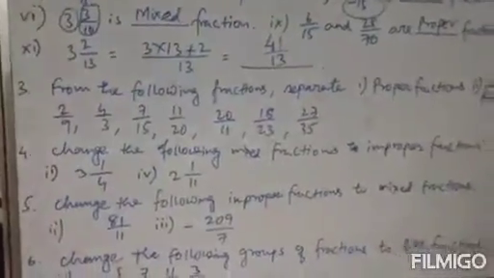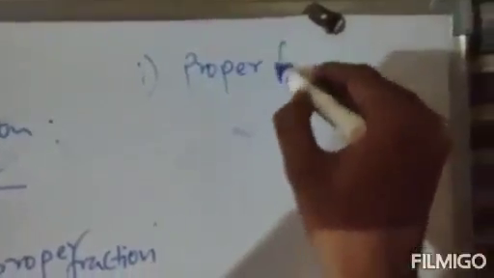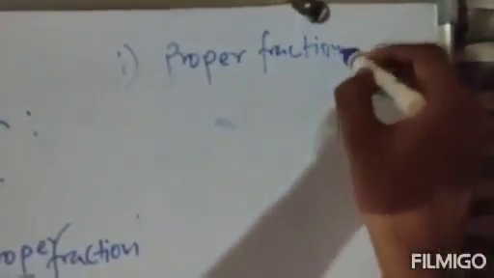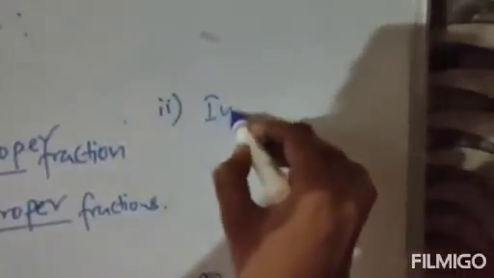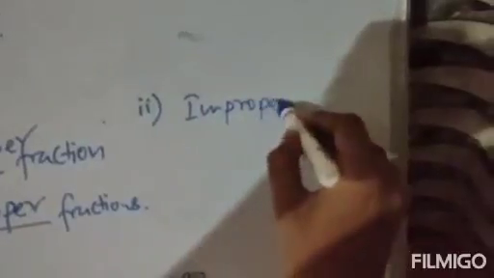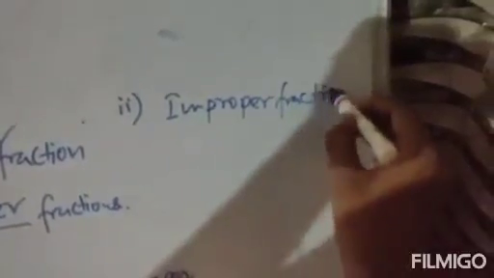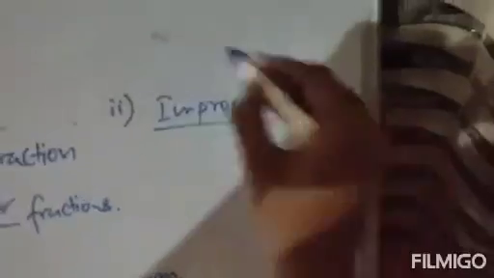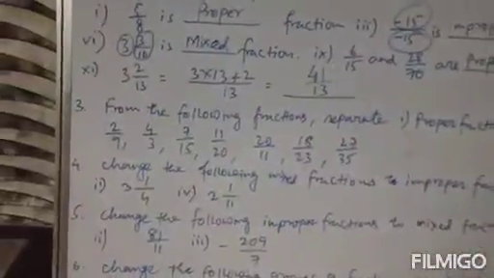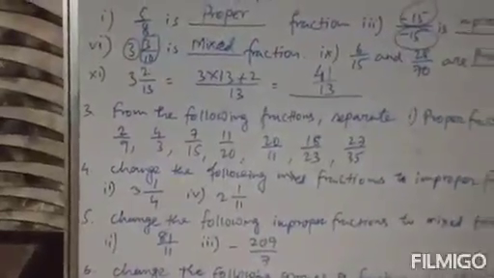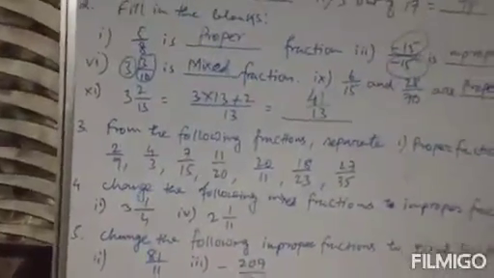So let me write number 1 proper fractions, and number 2 improper fractions. Now the first fraction is 2 by 9. In 2 by 9, numerator is 2 and denominator is 9. So numerator is less than denominator. So it is a proper fraction.